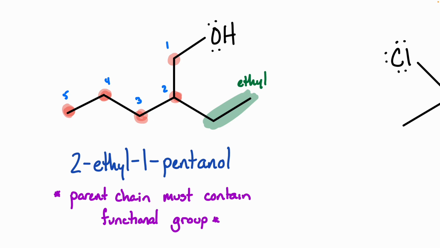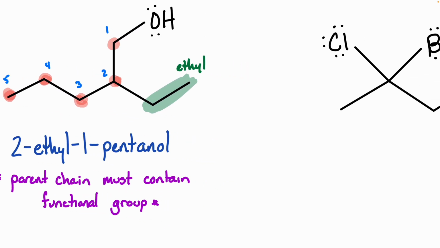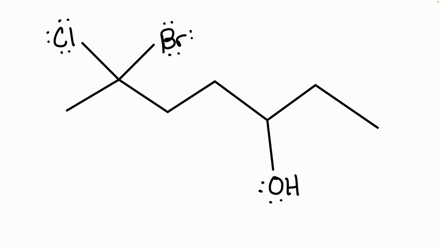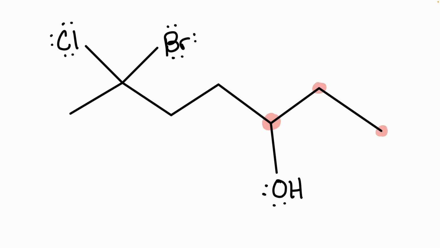Okay? All right, so now we're going to find our longest continuous set of carbons. I know it's got to contain this guy here because that's where my functional group is. So 1, 2, 3, 4, 5, 6, 7. Okay. We can number this one of 2 ways, left to right or right to left.